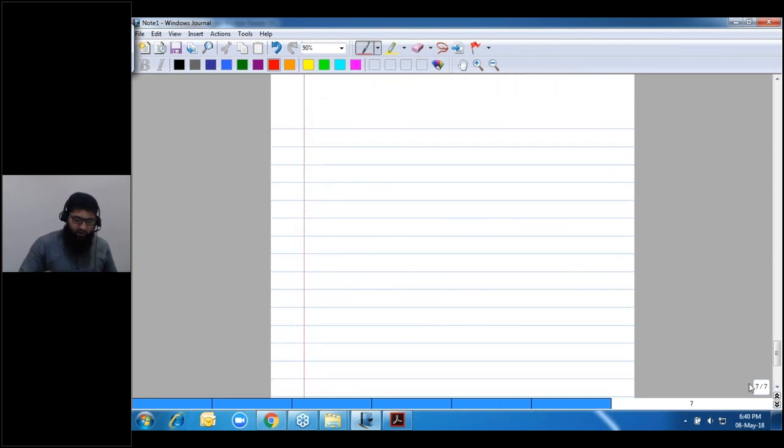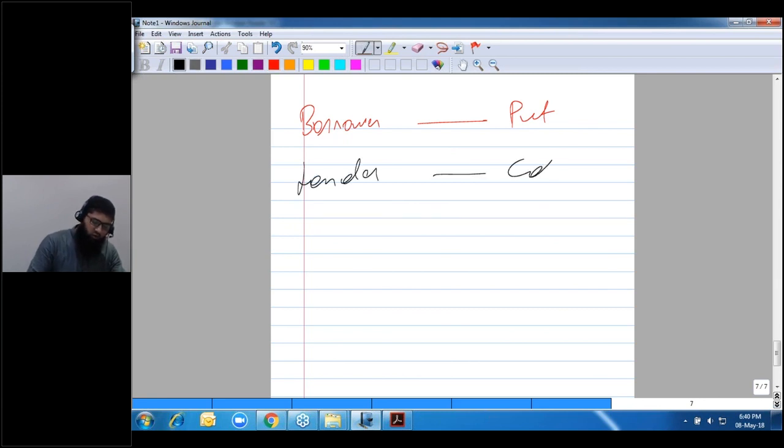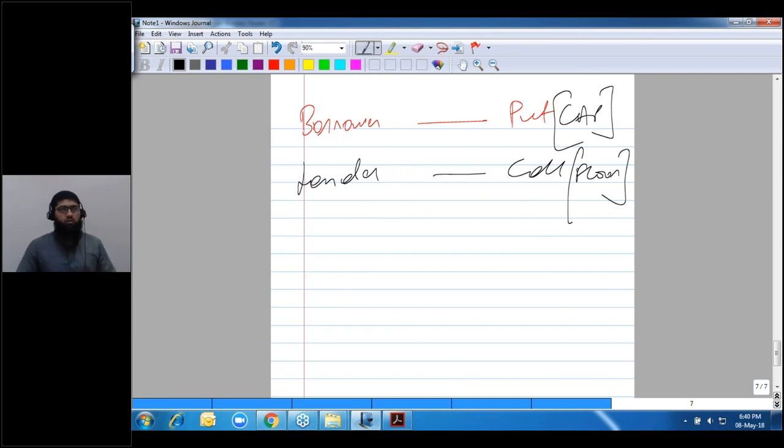Now let's try to understand. A borrower always goes for a put option and a lender always goes for a call option. This put option represents a cap. This call option represents a floor.